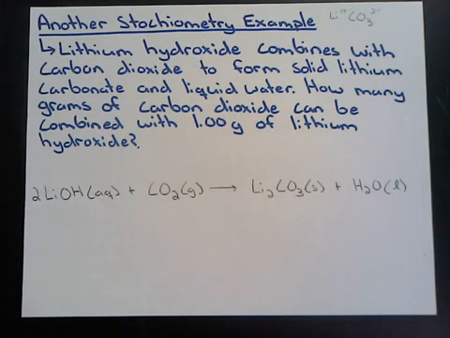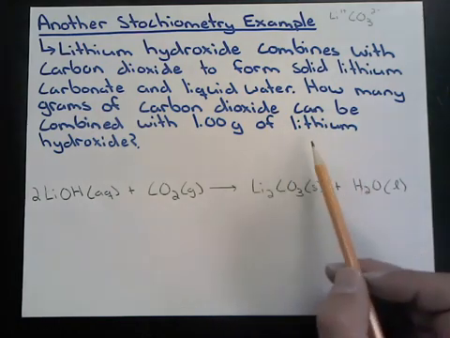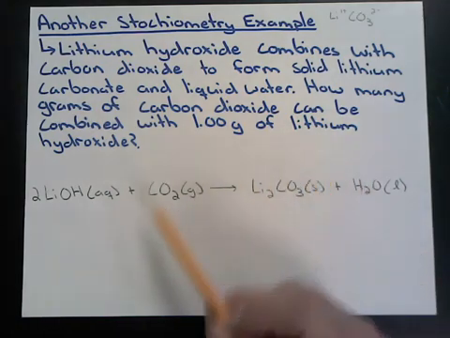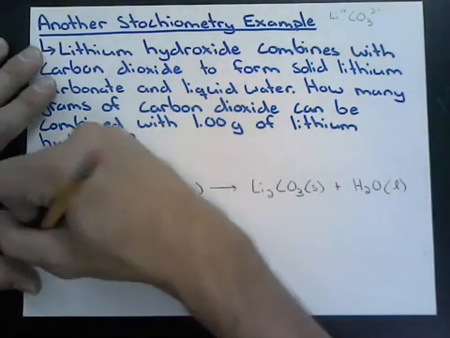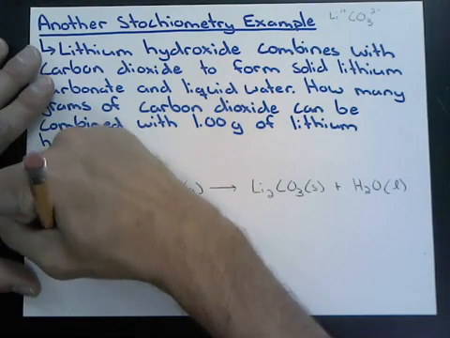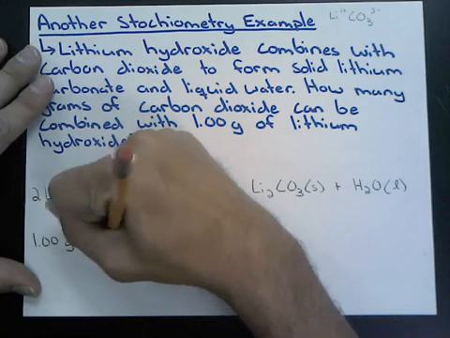Okay. Now, what I want to do is start with grams of lithium hydroxide and see how many grams of carbon dioxide it can fully react with. So I start out with the number that is given, 1.00 grams of lithium hydroxide.